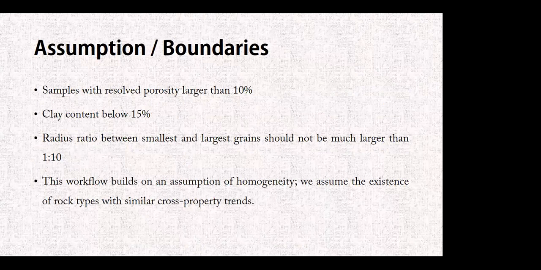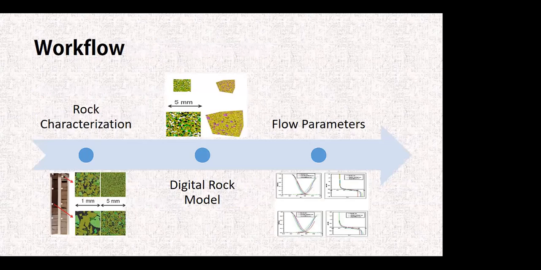So we move on to method. In this method, we have some assumptions or boundaries. The first one is samples with resolved porosity larger than 10%, and clay content below 15%. The radius ratio between the smallest and largest grain should not be much larger than 1 to 10. This workflow builds on the assumption of homogeneity. We assume the existence of rock types with similar cross-property trends.